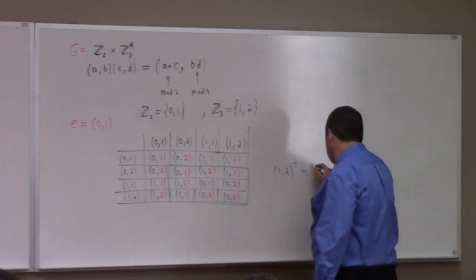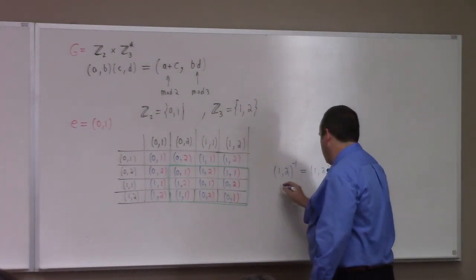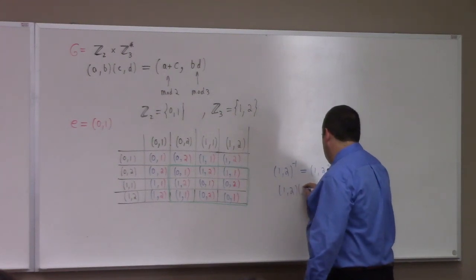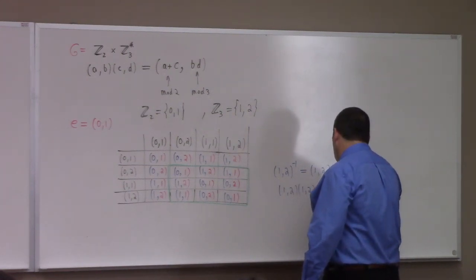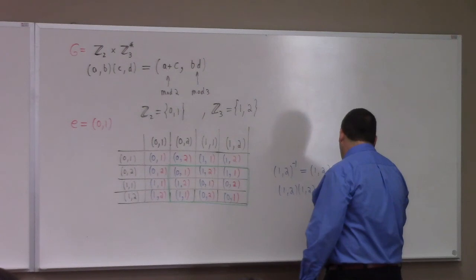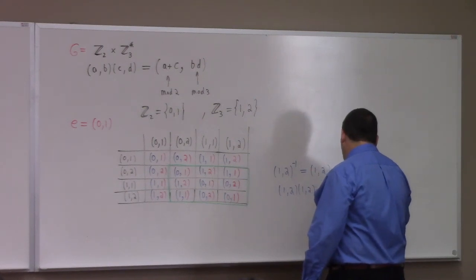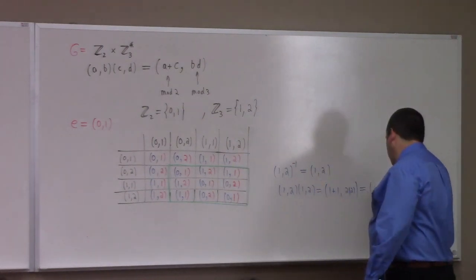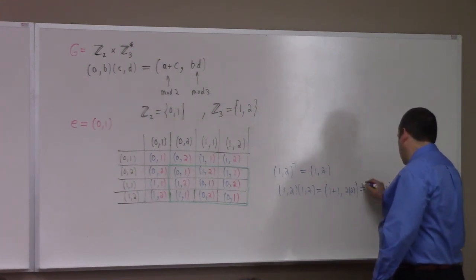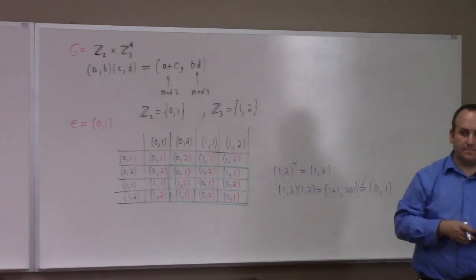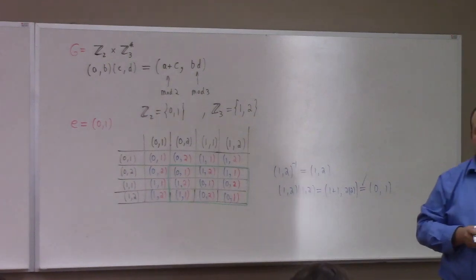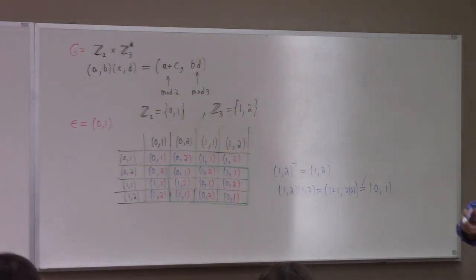Let's check it. 1, 2 times 1, 2 equals 1 plus 1, 2 times 2. And I think we have a winner. That's 0, 1. Hooray! And this is commutative, so it's going to be an inverse the other way as well.